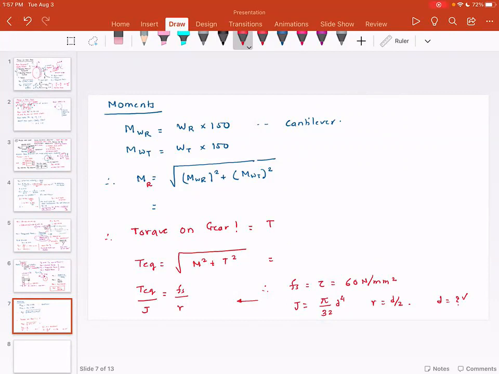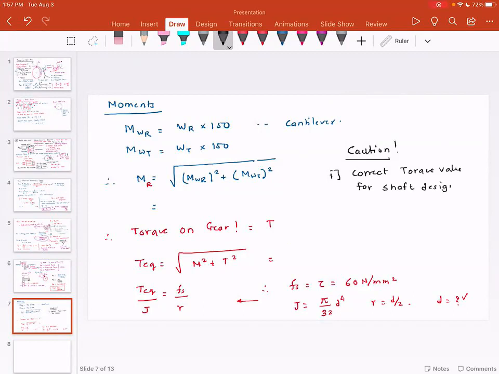So, any questions on this problem? I just want to caution you about a few things. Always remember, make sure you are using the correct torque value for shaft design.